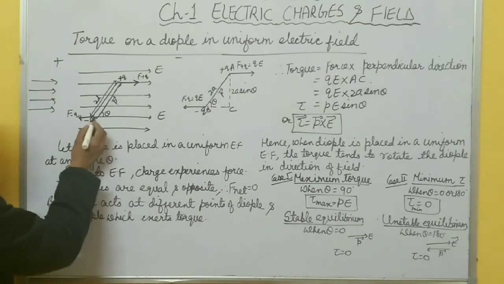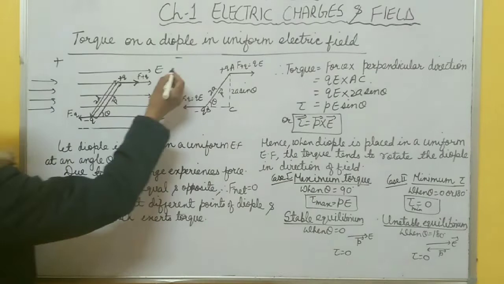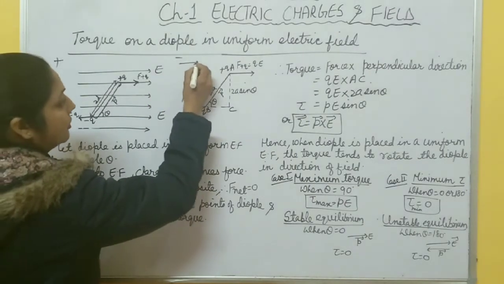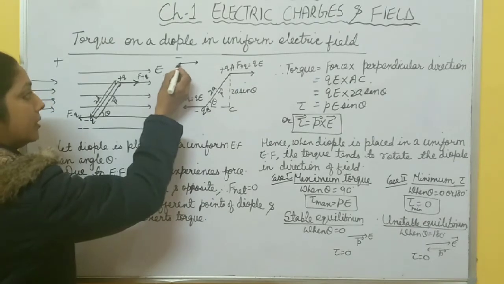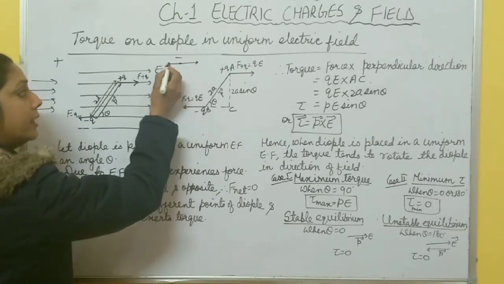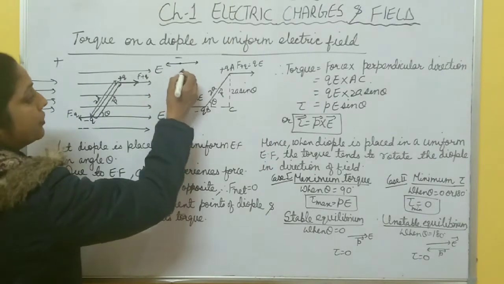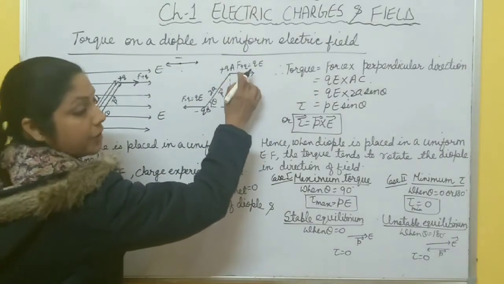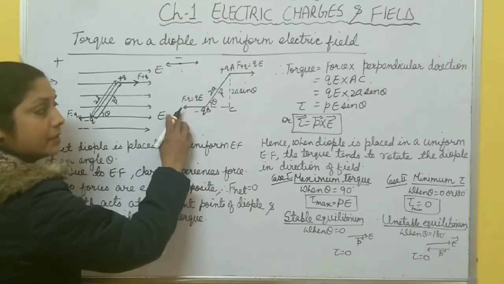But both forces are not at the same point. Suppose one force is acting at this point in this direction and the other force at the same point in the opposite direction, so net force is 0. But one force is acting in this direction, force on plus q, and another force is acting in this direction, force on minus q.